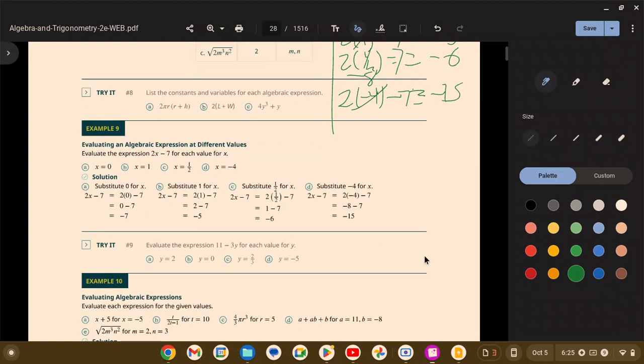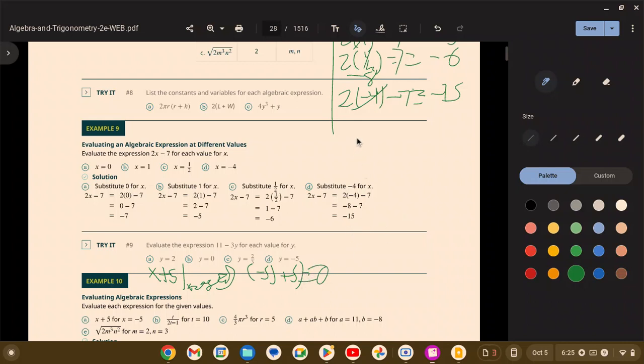Okay, example 10. Evaluate each expression for the given values. x plus 5 for x equals -5. Well, that's just the same as saying x plus 5, evaluate it at x equals -5. That's going to equal -5 plus 5 equals 0.